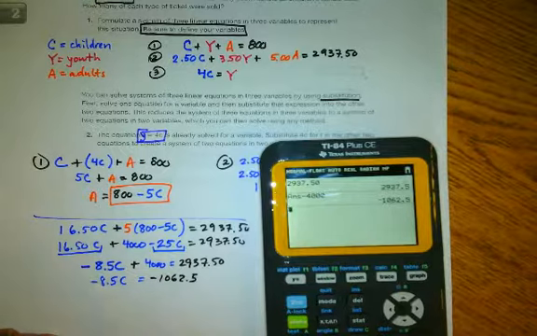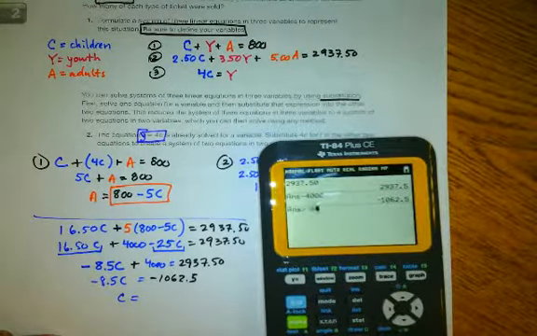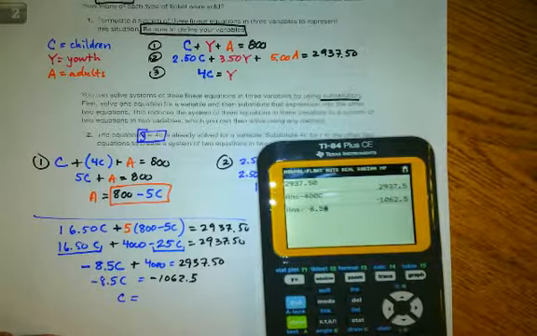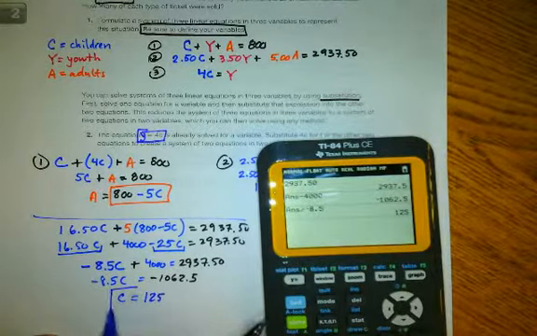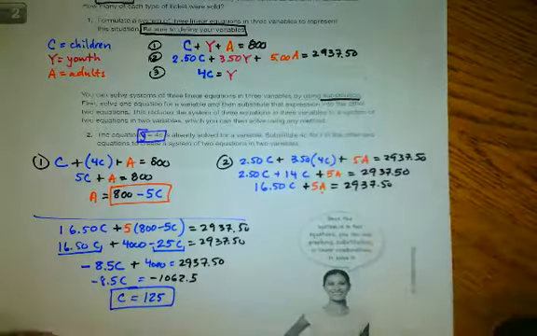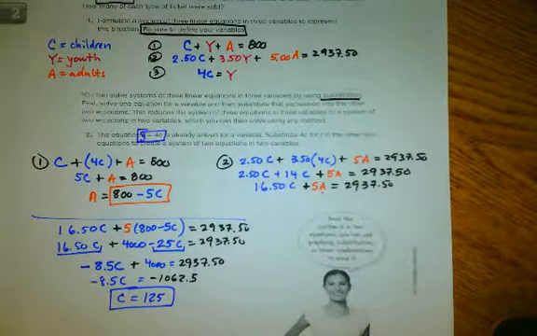And then to get c by itself, I'll divide by negative 8.5. And now I get the number of c's, which is children's tickets. I have 125 children's tickets. All of that work to get the number of tickets.